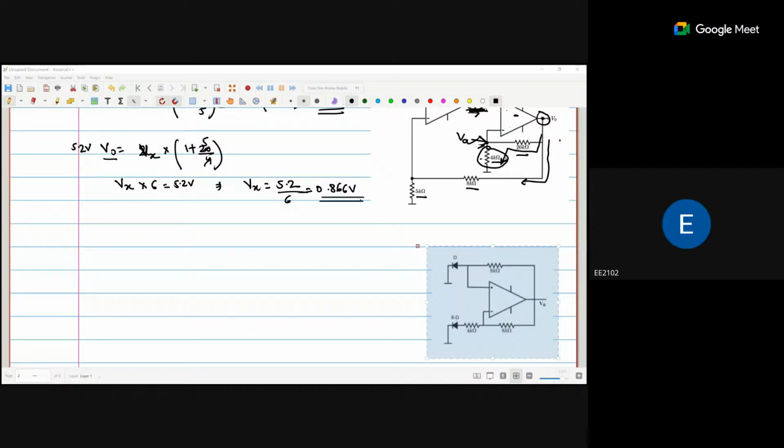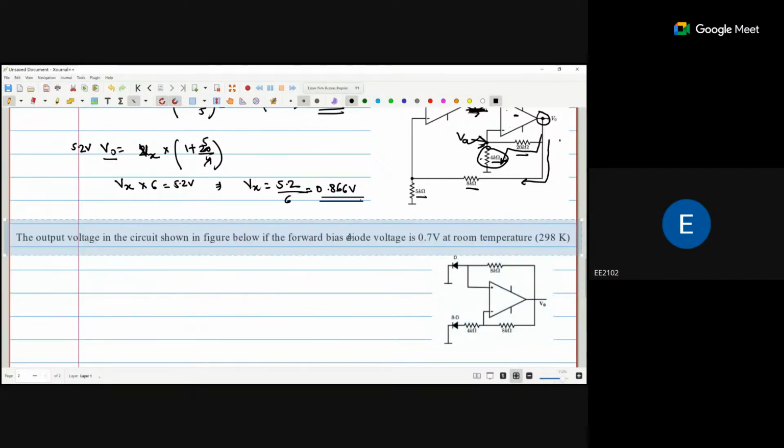Okay, so the output voltage they are asking. Okay, so this is the question.